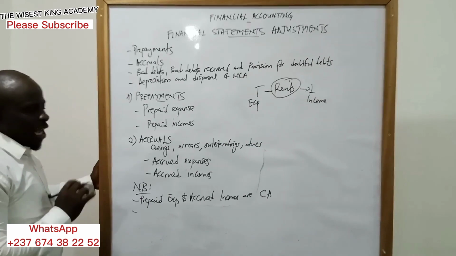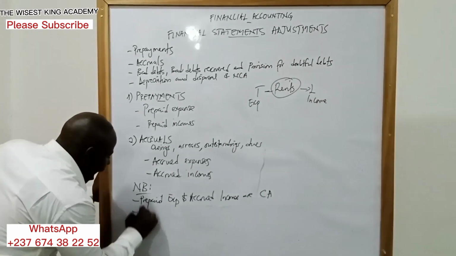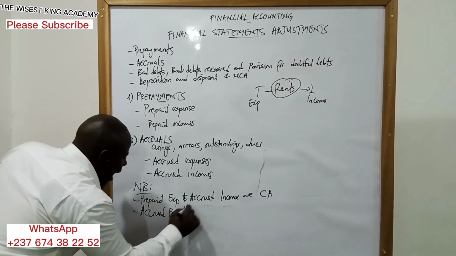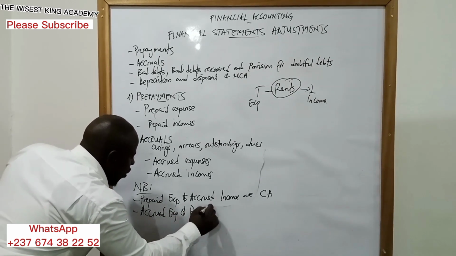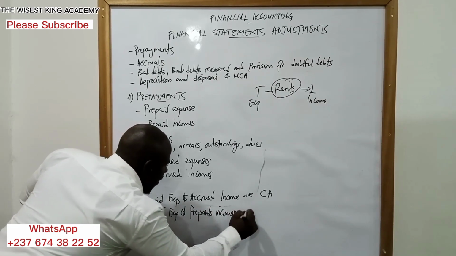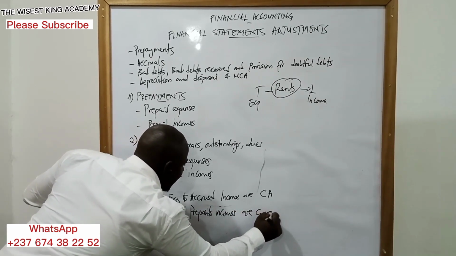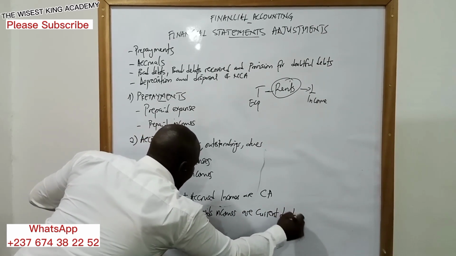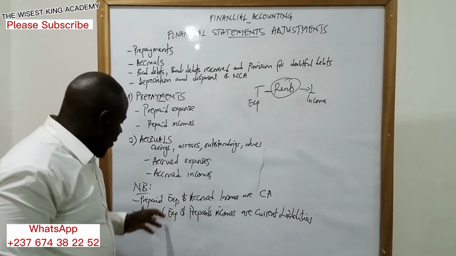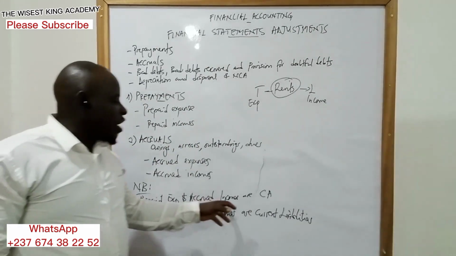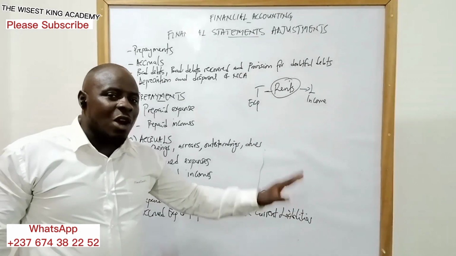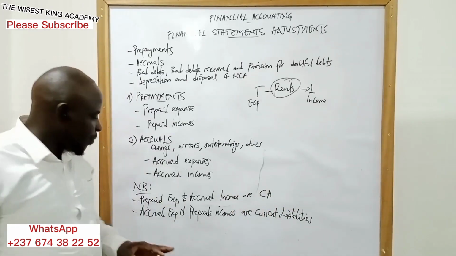Accrued expenses and prepaid incomes are current liabilities. Prepaid expenses and accrued incomes are current assets, while accrued expenses and prepaid incomes are current liabilities.